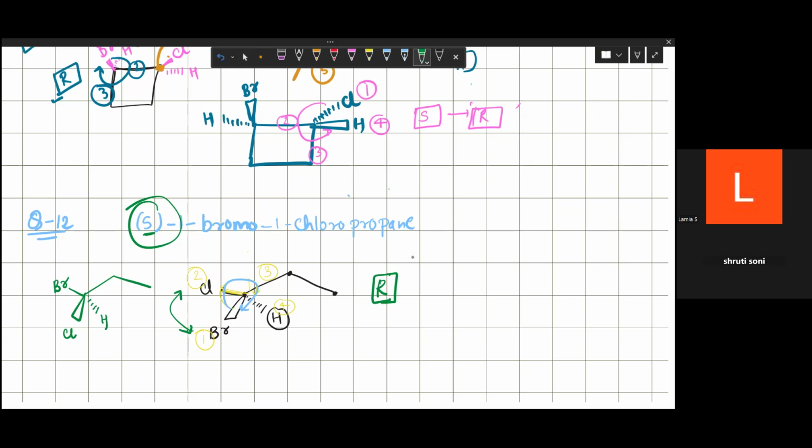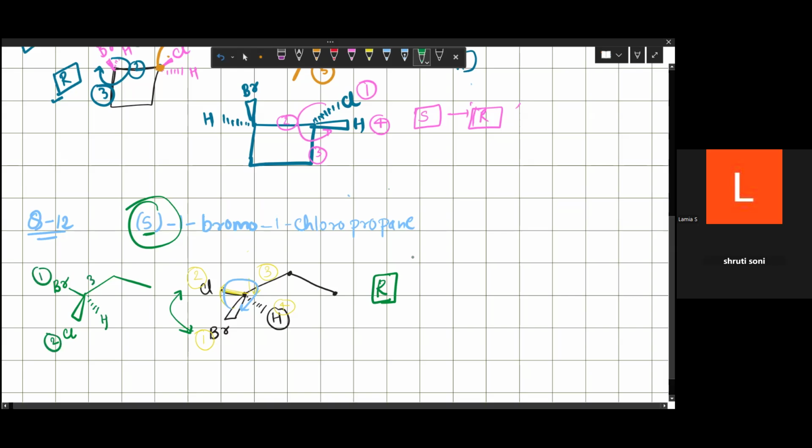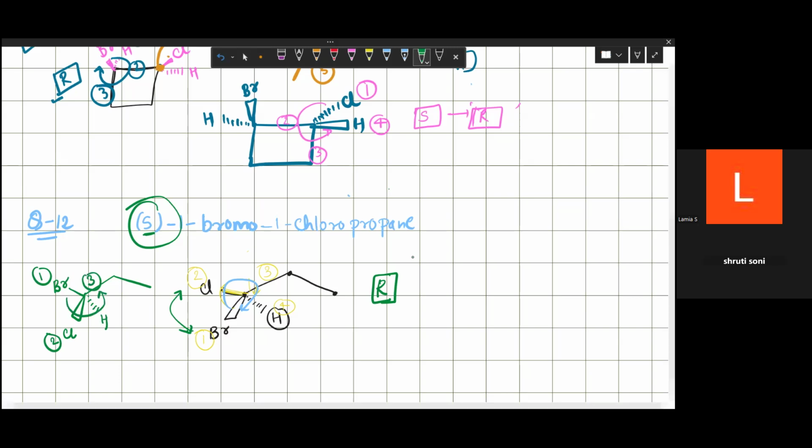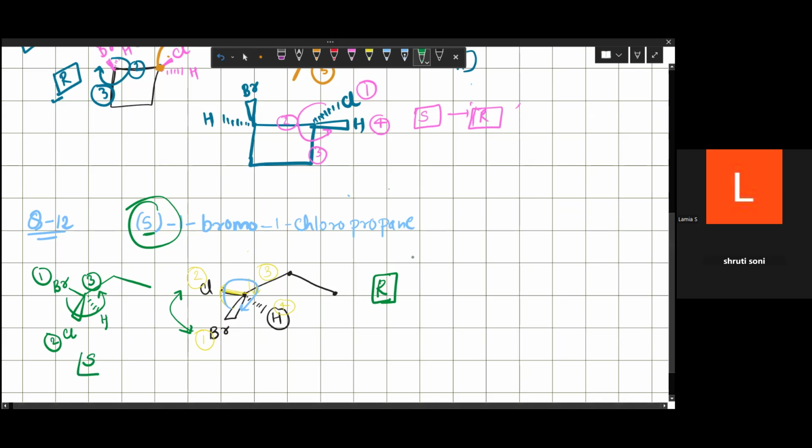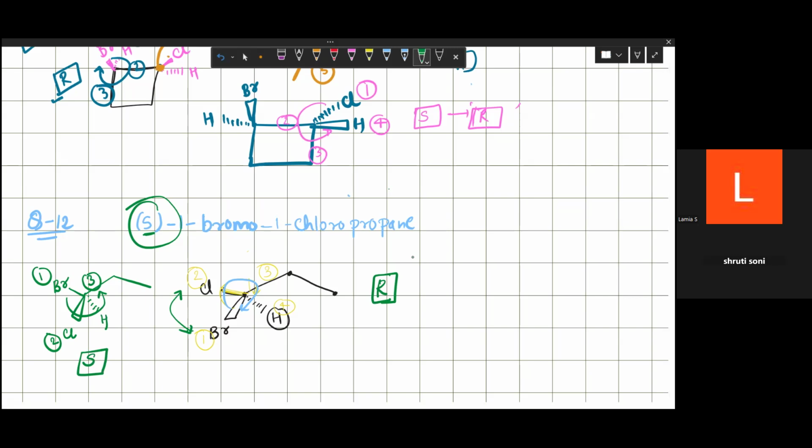First, second, and third. Now is it clockwise or anti-clockwise? Now it's anti-clockwise, so it is S. Do I need to change configuration? No. Good. So now this is the correct structure.